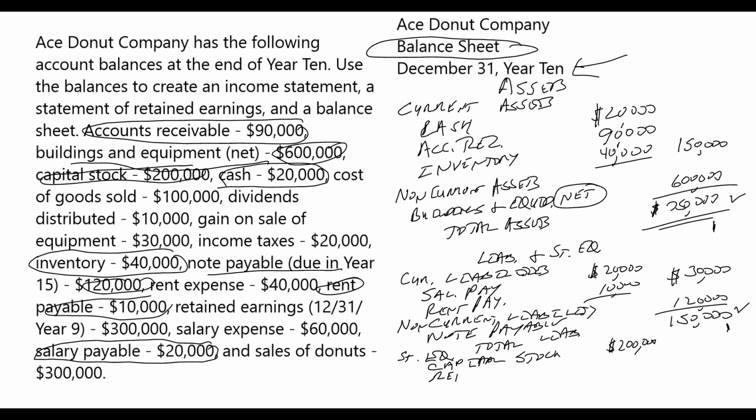And retained earnings is the total amount of net assets that came from being in business for the whole time you've been in business. If you go back to the statement of retained earnings, that final number was 400,000. 200,000 came from the owners. 400,000 came from being in business.